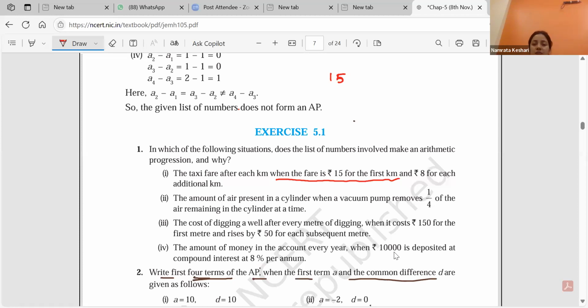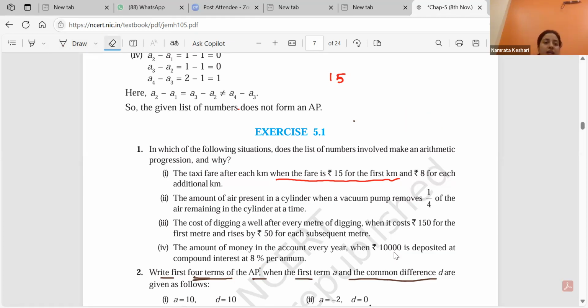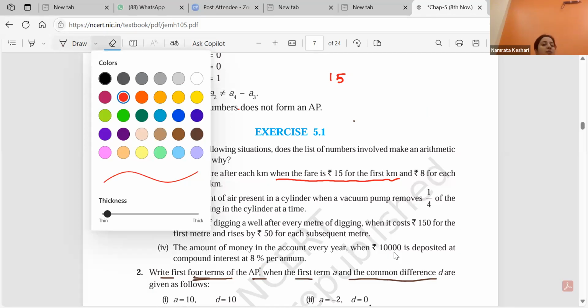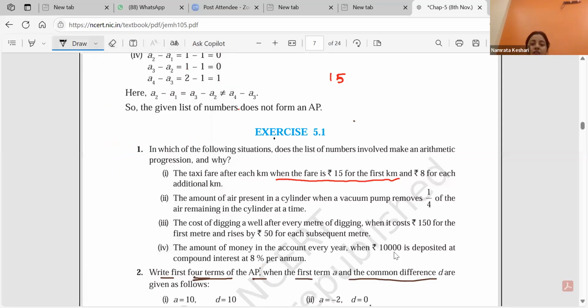Our terms can be anything: kilometers, distances, amounts, anything. For example, today I have written 2 pages, tomorrow I will write 4 pages, day after that I will try completing 6 pages of my work. So AP numbers can represent anything, it can represent amounts. Here it says when the fare is rupees 15 for the first kilometer, so we have written 15 as the first term.